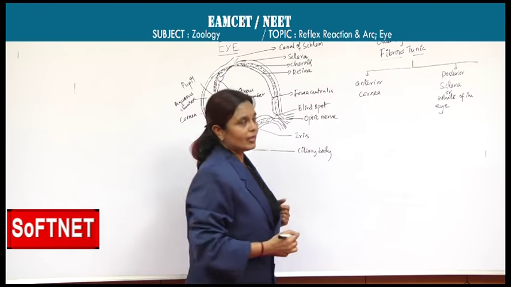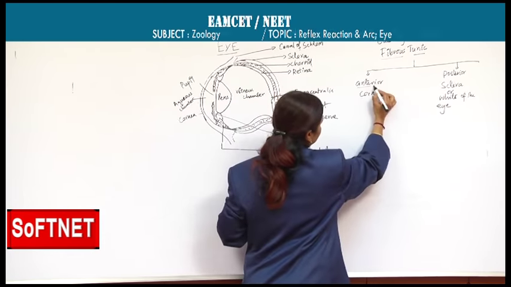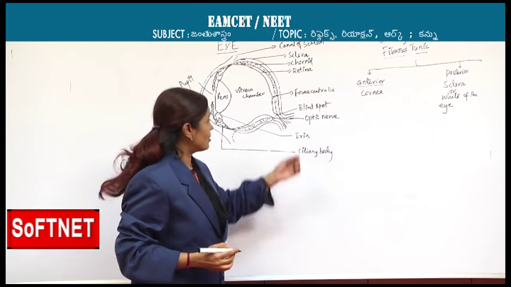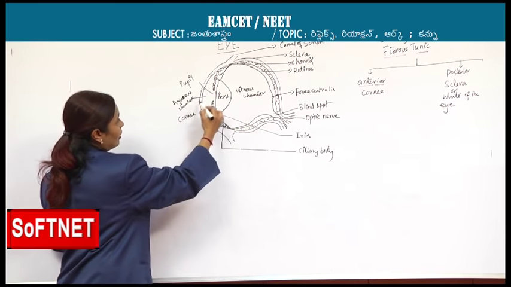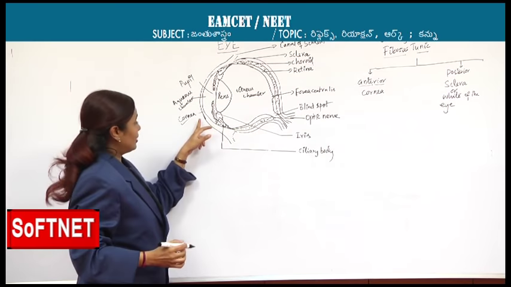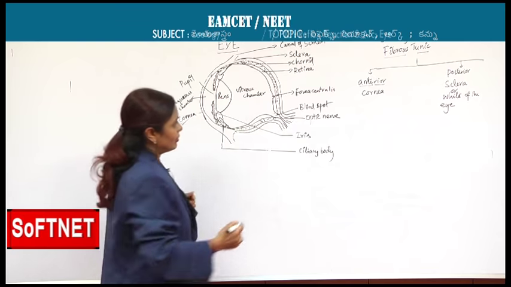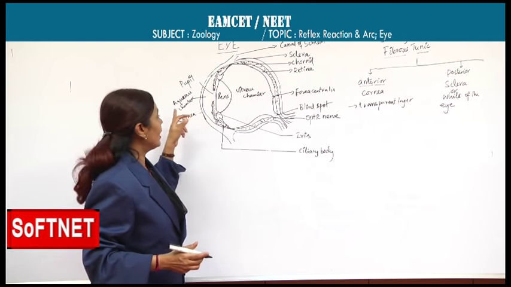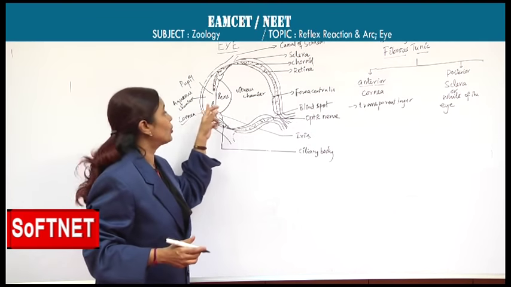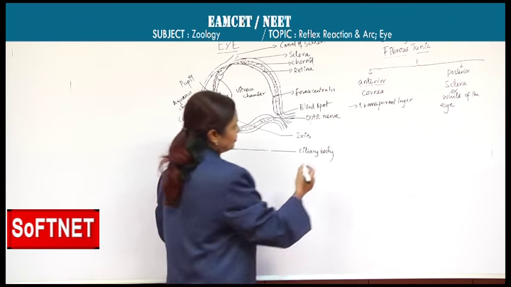Now about cornea. This is a non-vascular, the anterior part of the fibrous tunic. This is a transparent layer. Though not a lens, it acts as a fixed lens, allowing the light to pass through or to enter into the eyeball.